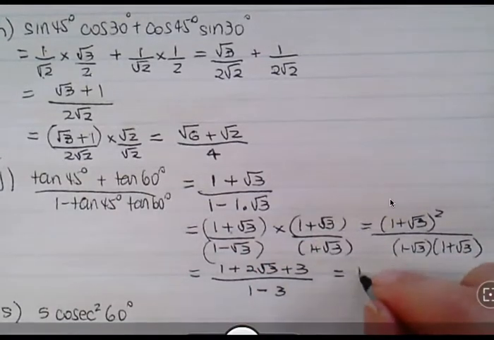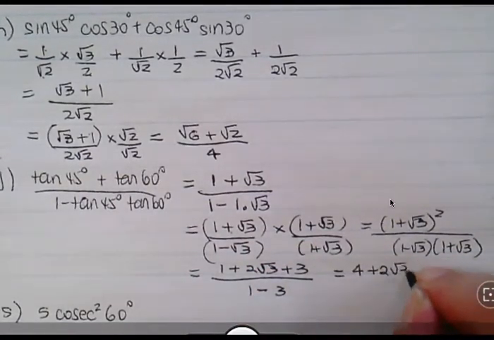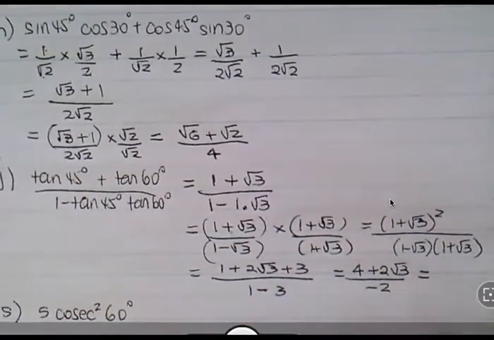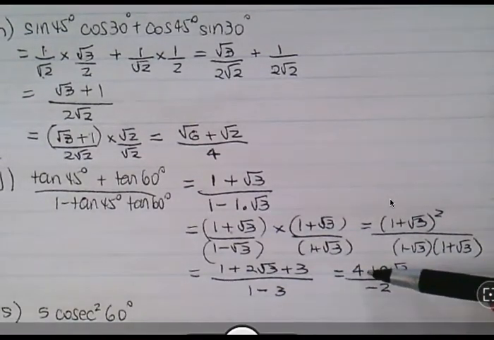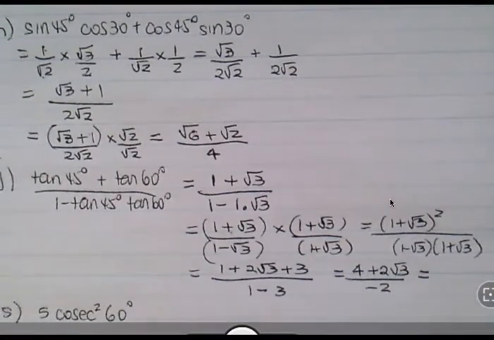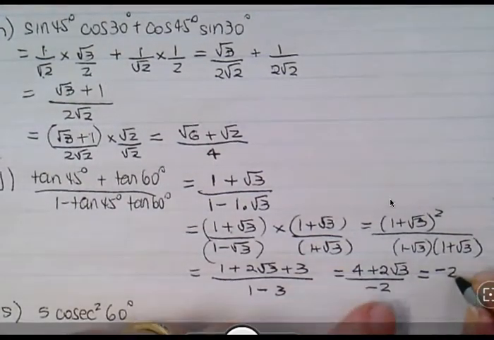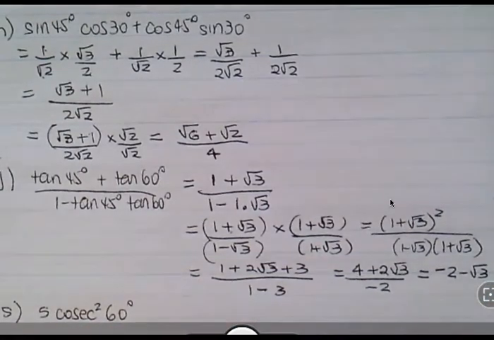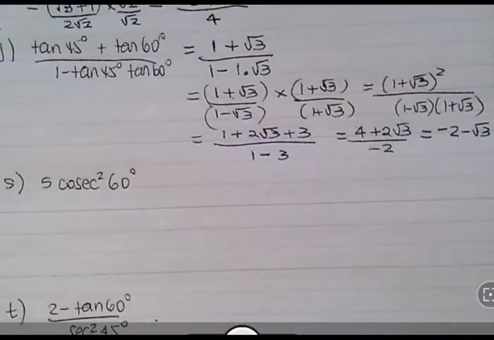Now, 1 plus 3 is 4 plus 2 root 3 over negative 2. And now I can divide, this is 4 over negative 2 plus 2 root 3 over negative 2. I divide everything by negative 2. What do I get? Negative 2 minus root 3. Because it's 4 over negative 2 plus 2 root 3 over negative 2. So it's negative 2 minus root 3.